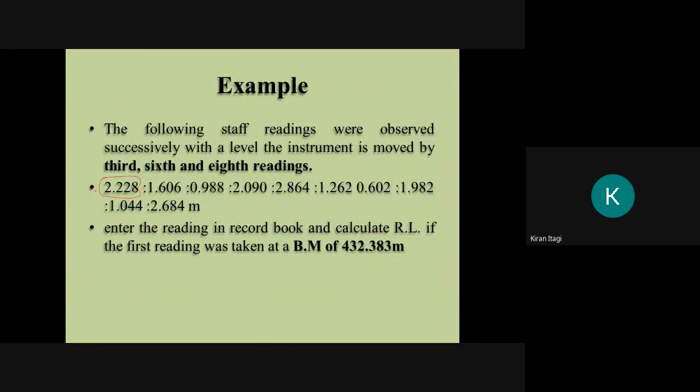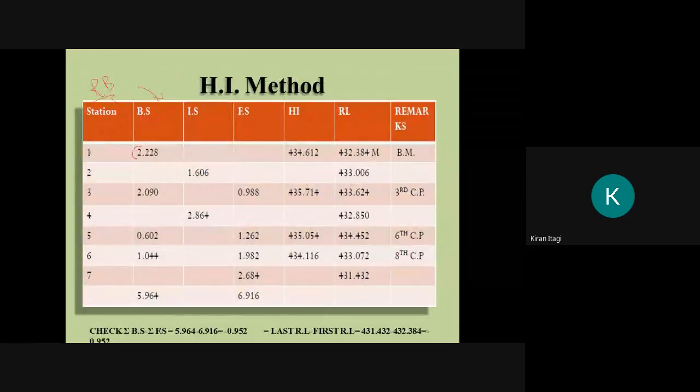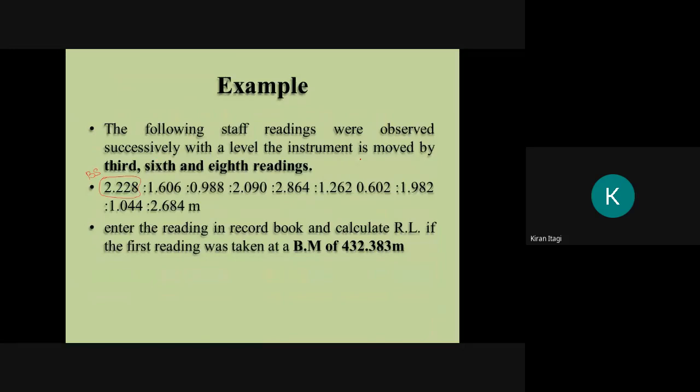See, the very first reading will be the backside. Then the intermediate side, and here the fourth side, because he is saying that the instrument is moved at the third, sixth, and eighth readings.